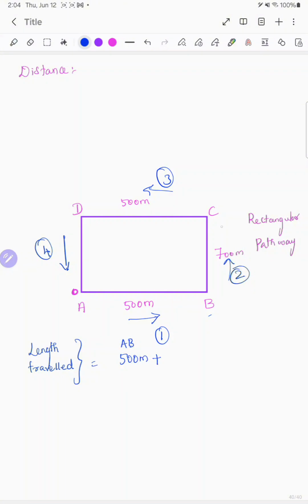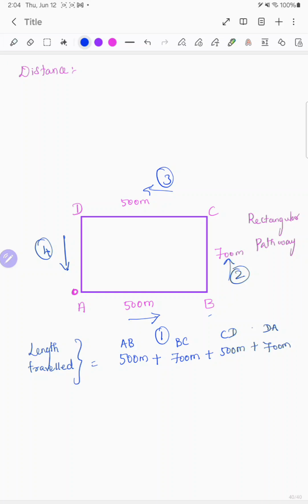Again from B to C you traveled 700 meters, and then C to D you traveled 500 meters. Again from D to A another 700 meters, right? This is BC, this is CD, again this is DA. You are coming back to the same position after completing one rectangular park.